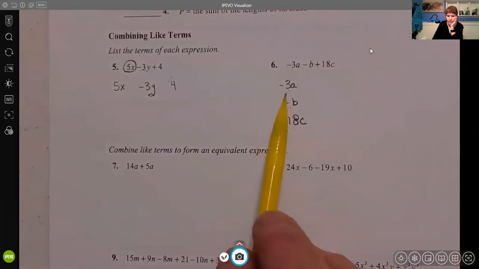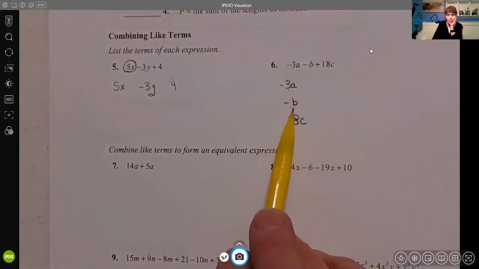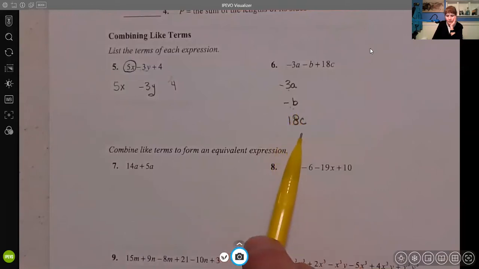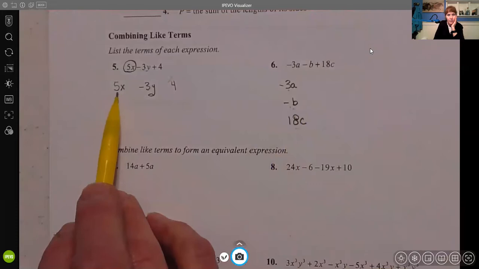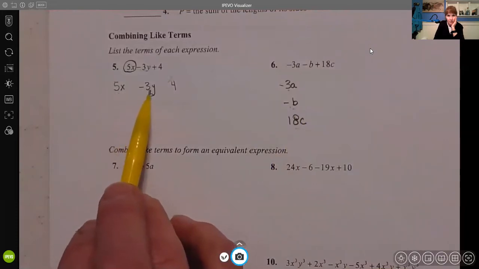So again, the coefficient on this term is a negative 3. The coefficient on this term is a negative 1. And the coefficient on this term is 18. Let's go ahead and look here. The coefficient on this term is 5. The coefficient on this term is a negative 3.